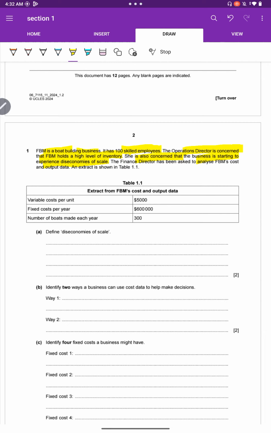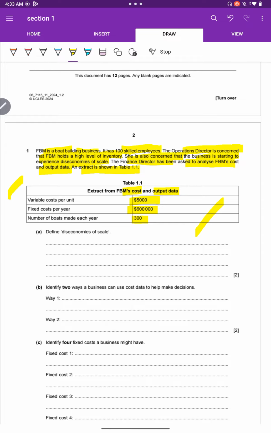It's very obvious. The finance director has been asked to analyze FBM's cost and output data, an extract of which is shown in table 1.1. Variable cost per unit is $5,000, fixed cost per year is $600,000, and the number of boats made each year is 300.